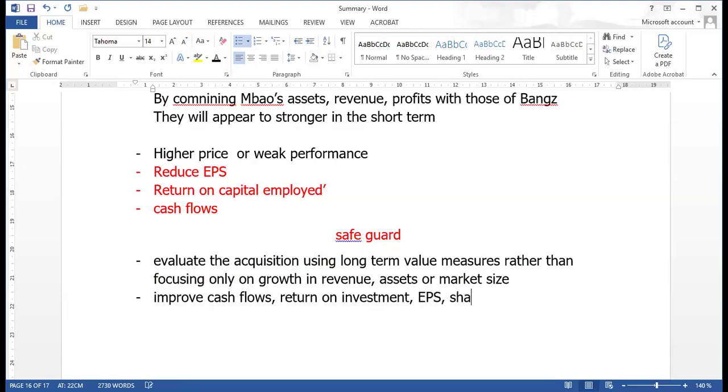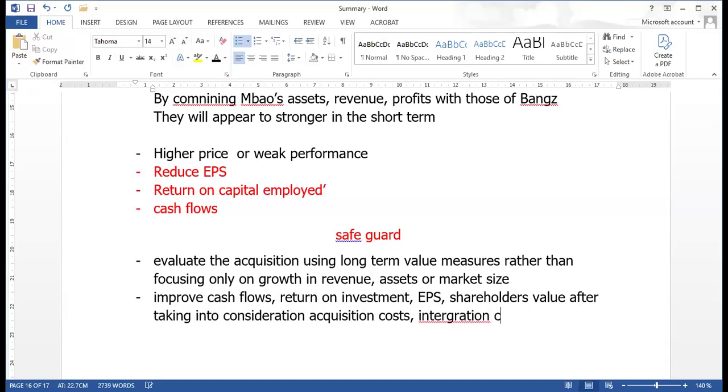What is the expected shareholders' value, after taking into consideration the acquisition costs, integration costs, the financing costs, among others?